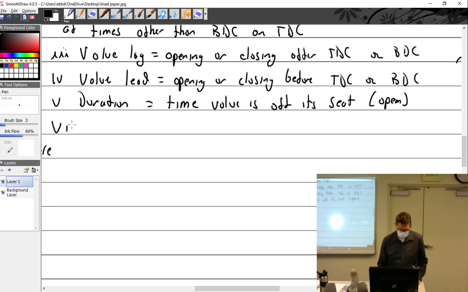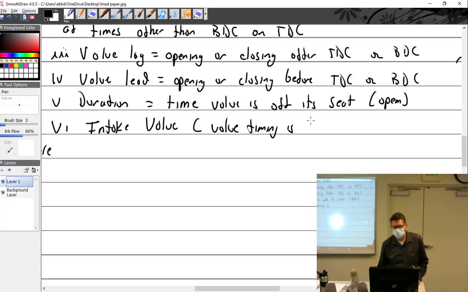All right, let's go through this. Let's see. I don't like how I wrote this, but I'll just stick with it because it'll make sense. Intake valve. And this is going to be valve timing from your 8310, so I'll just say the FAA book. And I think I have a picture of it.